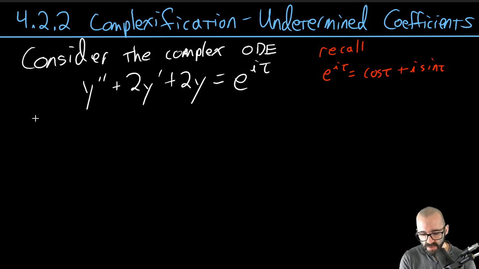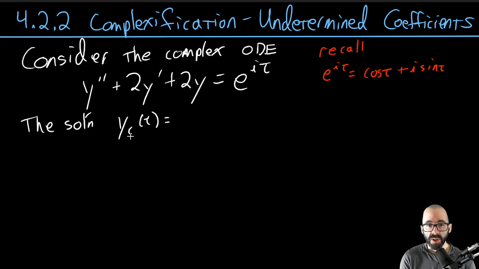And what we notice is if we solve this, y_c of t, we'll call it y_c, c for complex, the complex valued solution to this complex differential equation is going to look like every complex function. It will have a real part function, and it will have an imaginary part function.